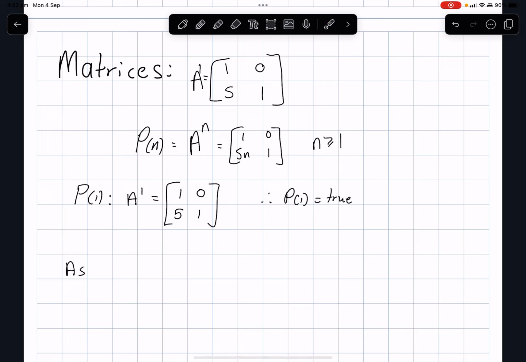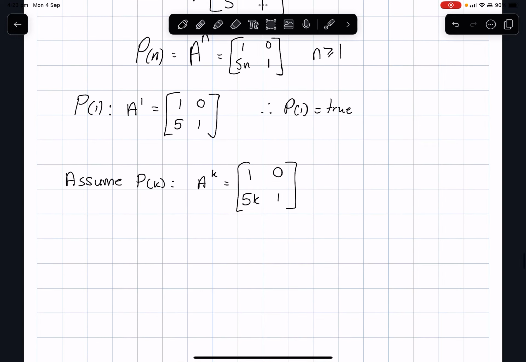Now we assume that my P of k case is true. So assume P(k), so A to the power of k is equal to [1, 0; 5k, 1], and we're assuming that is true.